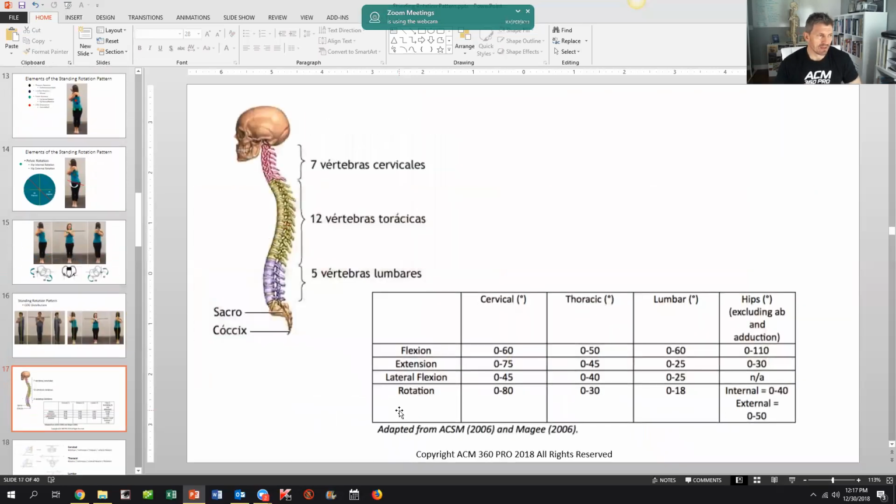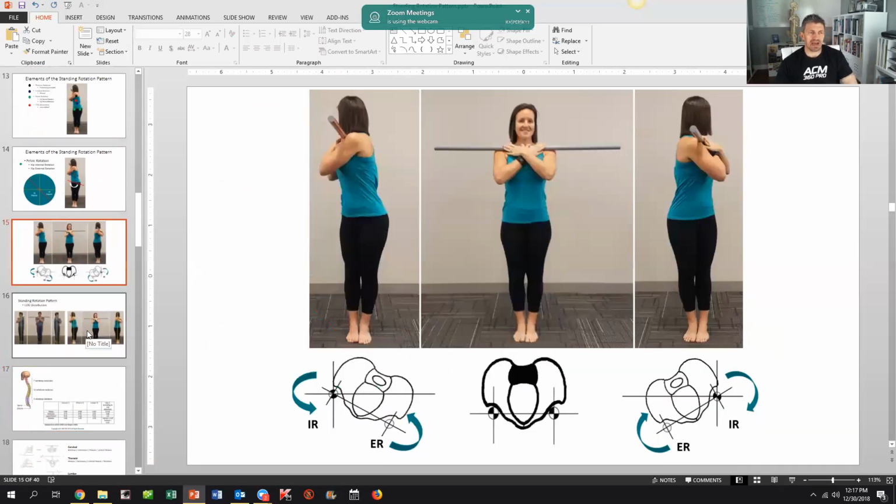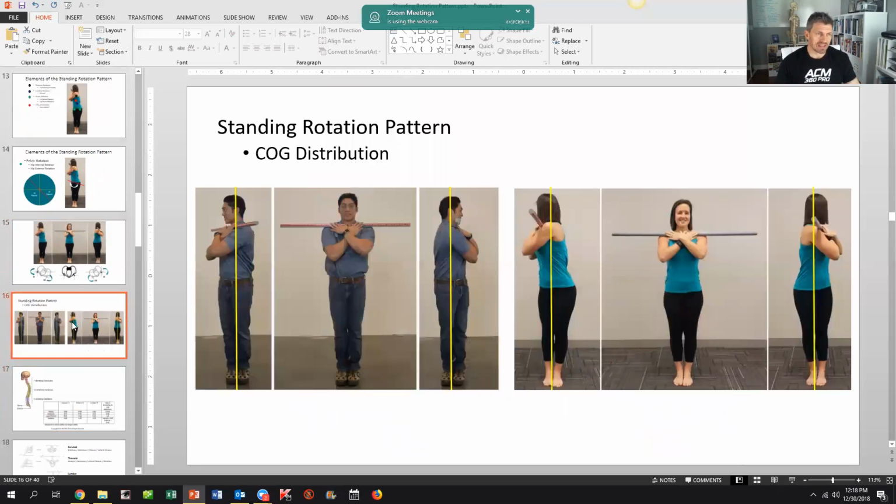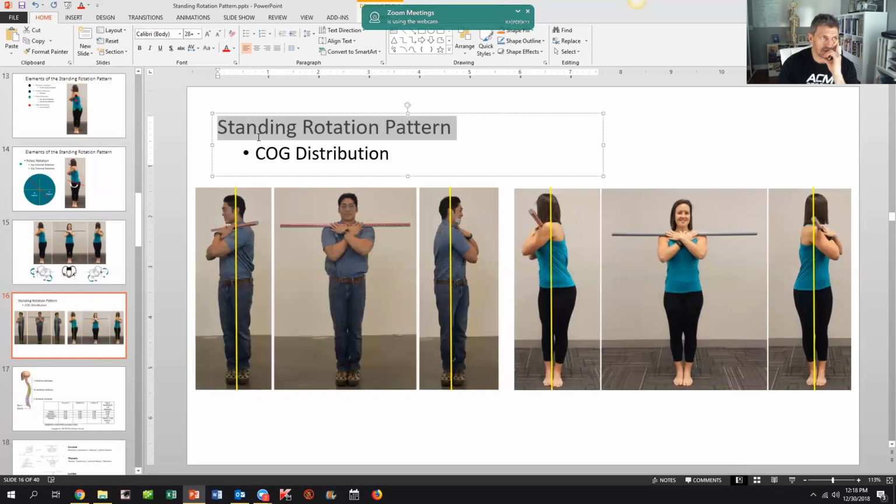Make sense? I mentioned to you that not only am I looking at the rotation of the spine, and primarily I'm looking at the pelvic rotation, but I will pay attention to the spinal rotation and where they try to compensate or get spinal rotation from, just as an observation. But the center of gravity, the distribution of center of gravity in the standing rotation pattern, let me just do this so it looks nicer.